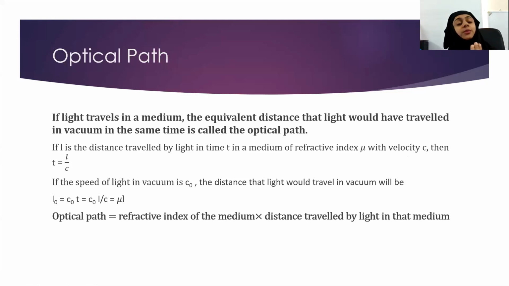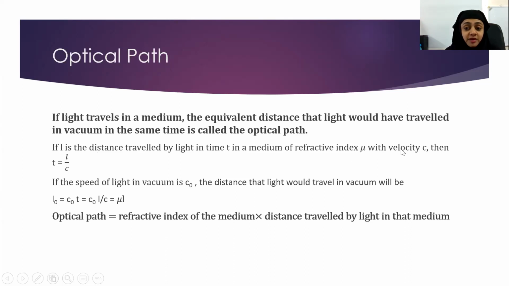Usually, in most of the books, we express the velocity of light in any medium as v and the velocity of light in vacuum as c. But in your textbook, the light velocity in any medium is expressed as c and the light velocity in vacuum is expressed as c naught. So I am making the same representation. That is why I have expressed the velocity of light in the medium with c.